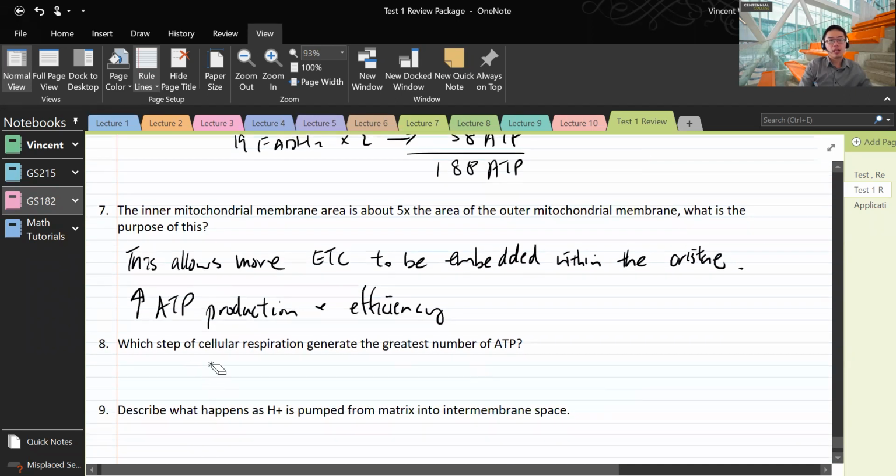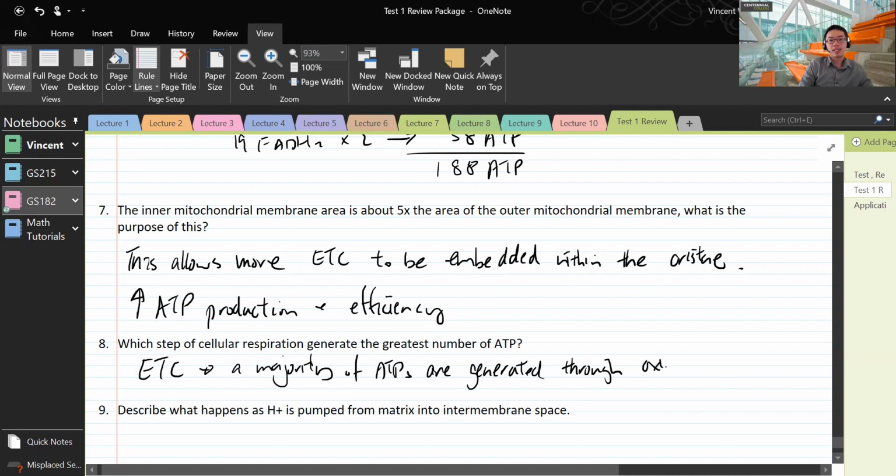Which steps of cellular respiration generate the greatest number of ATP? It is the ETC, right? Okay. A majority of ATPs are generated through oxidative phosphorylation.